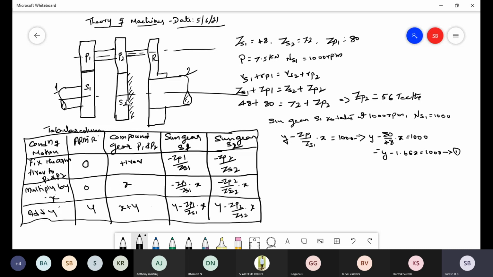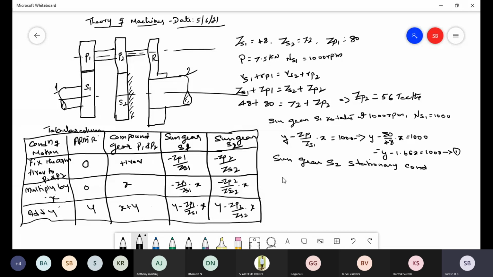For sun gear S2, what is the formula in the last row? Y minus ZP2 divided by ZS2 into X. The sun gear S2 is in stationary condition.